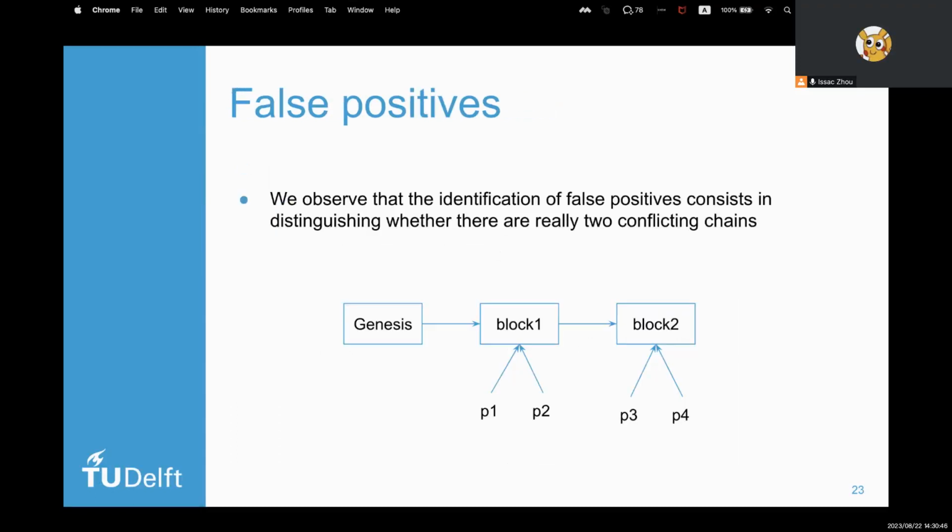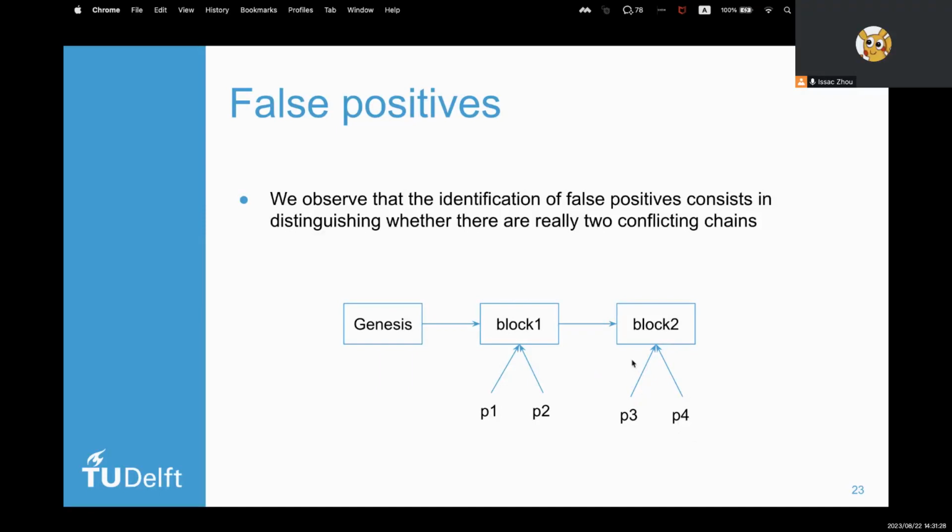We observe our false positives by checking whether there are really two conflicting chains in the system so that it cannot make progress. In our evaluation, we consider an execution to be a false positive if we can't identify two conflicting blocks in our states, or if there are two conflicting locked blocks, for example, P1 and P2 lock block 1 and P2, P3 and P4 lock block 2.